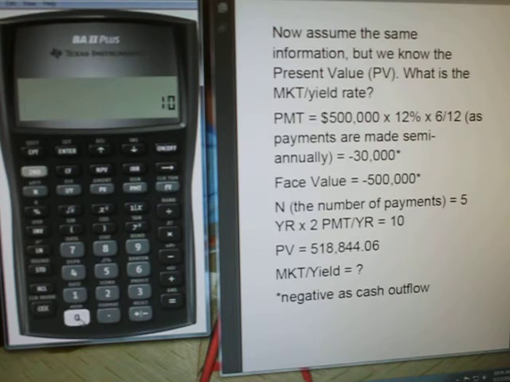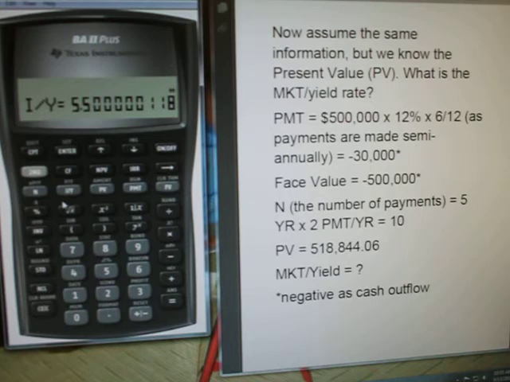The number of payments is 10, and our present value is $518,844.06, and go compute I/Y, and you get 5.5%.